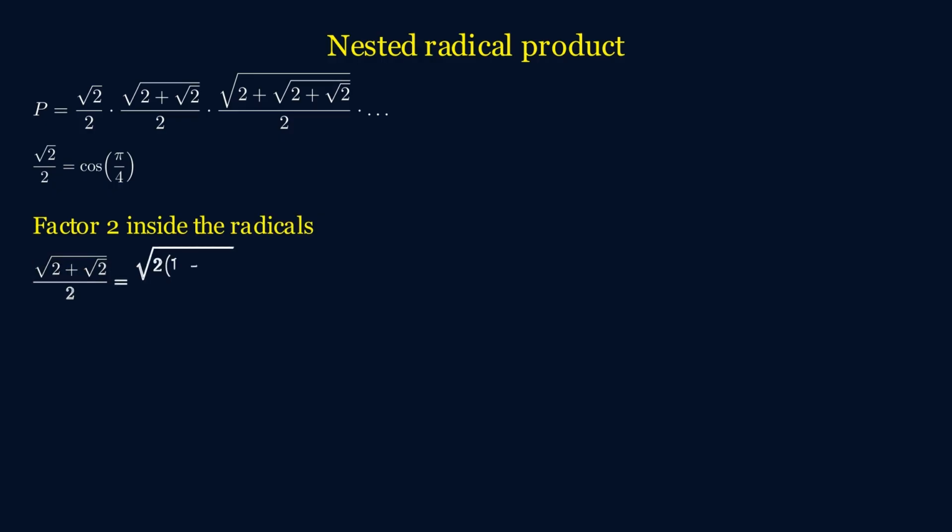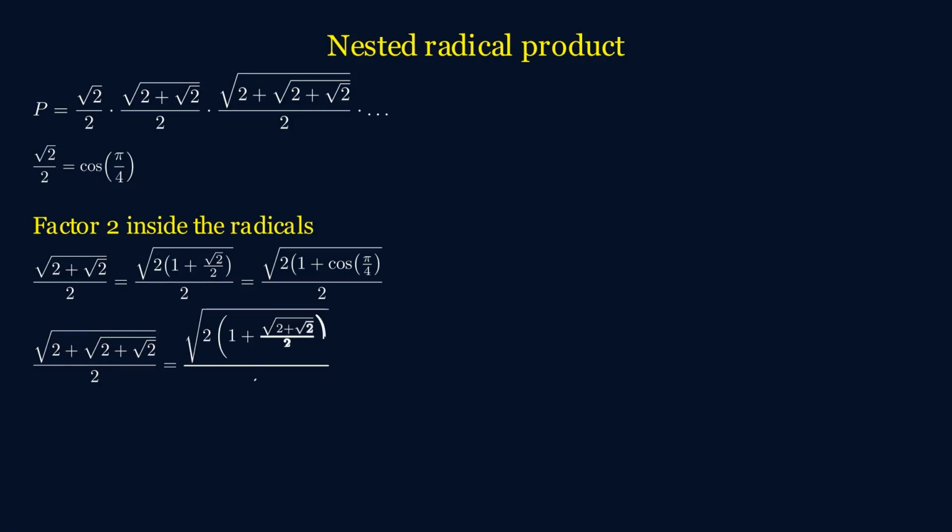That little move lets us rewrite each term in terms of the previous one. So, for example, the second term can be rewritten using the very first term, which we already recognize as cosine of pi over 4. And once you see that, the whole nested structure starts to make a lot more sense.